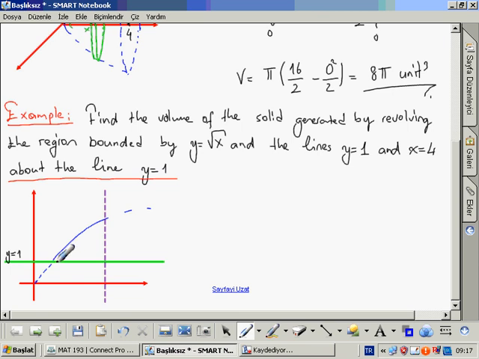And after that, when you revolve this y equals square root of x about the line y equals 1, you will obtain the surface solid like that.